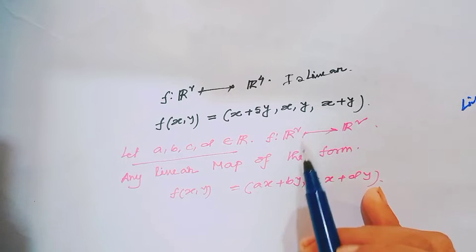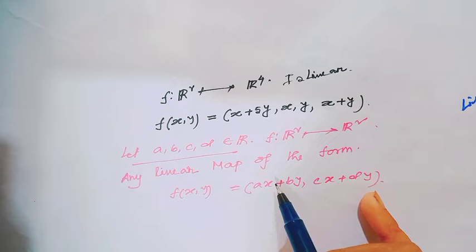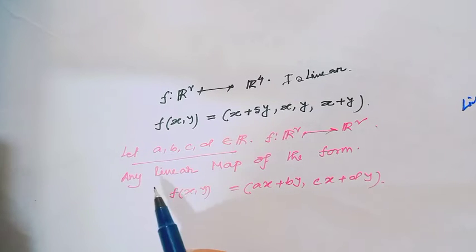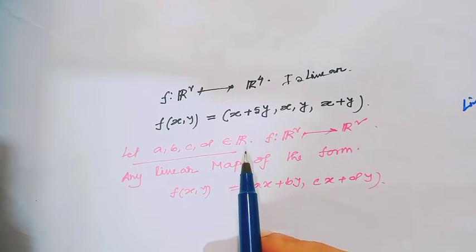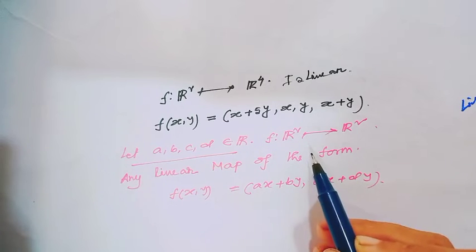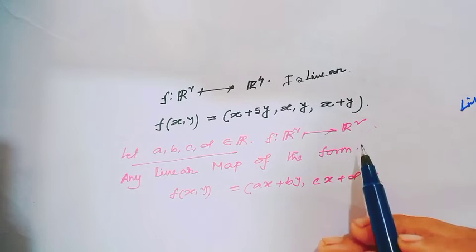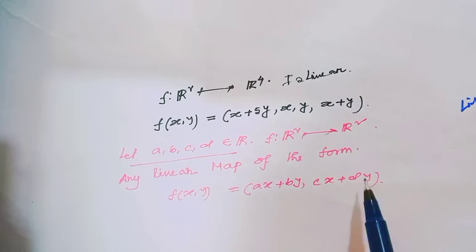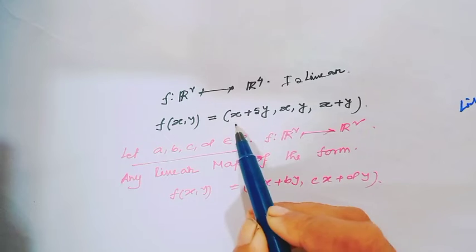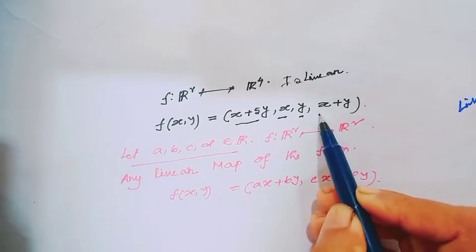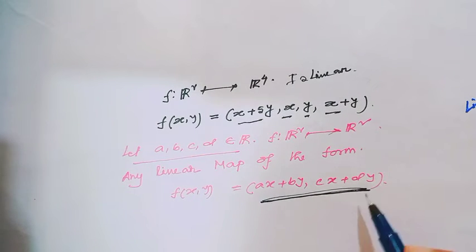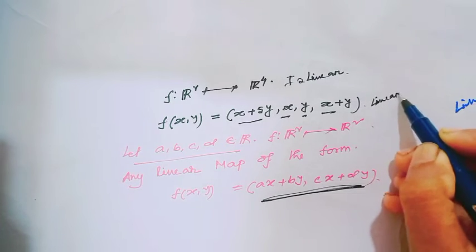For this, we all know any linear map from R2 to R2, if we consider arbitrary numbers a, b, c, d belonging to R, is of the form f(x, y) equals (ax plus by, cx plus dy). And notice here f1, f2, f3, f4 are of such type. So obviously this mapping is linear.